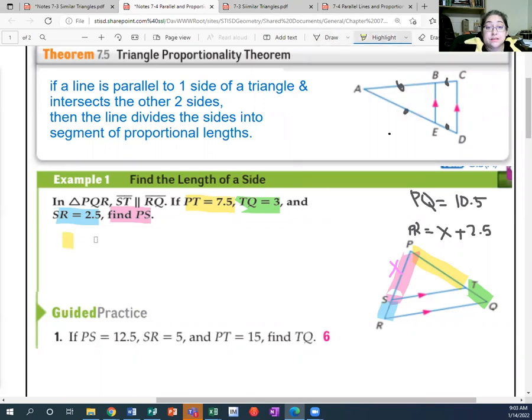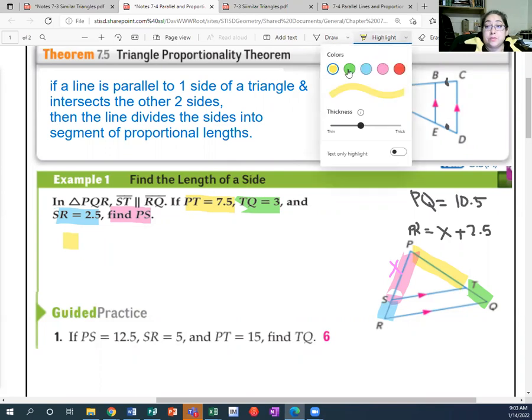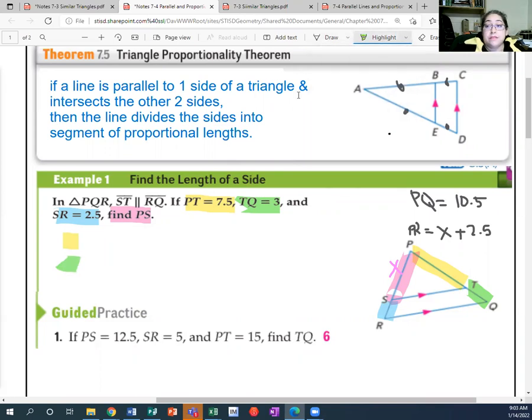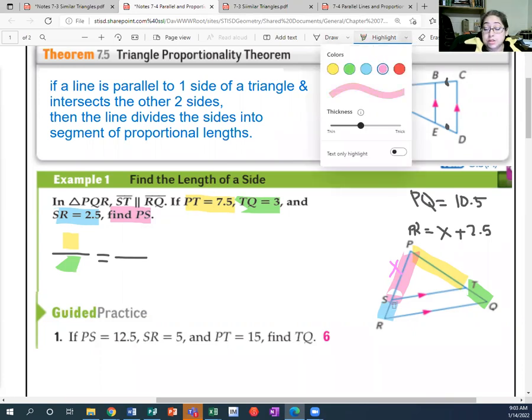Which means the measure of this yellow piece divided by the measure of the green piece as a fraction is equal to the pink piece, because that's the longer of these two, and the yellow was the longer of those two, and I put the yellow on top.